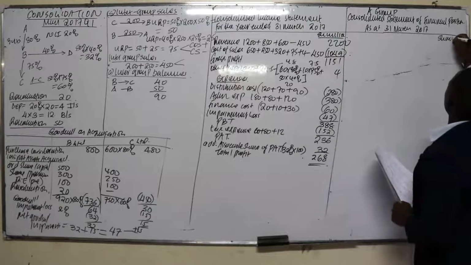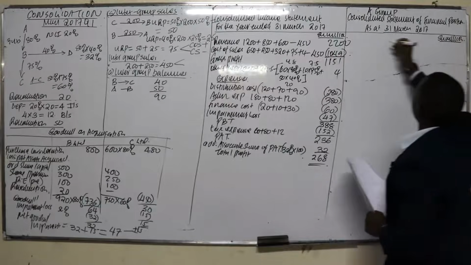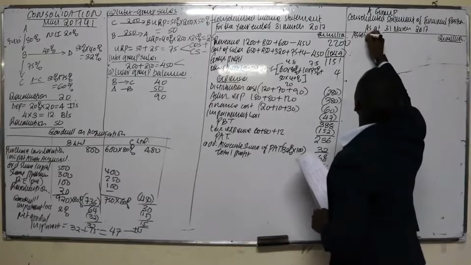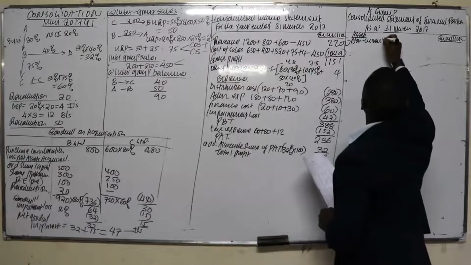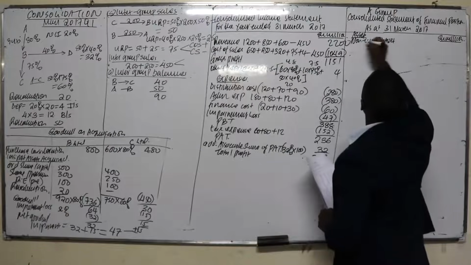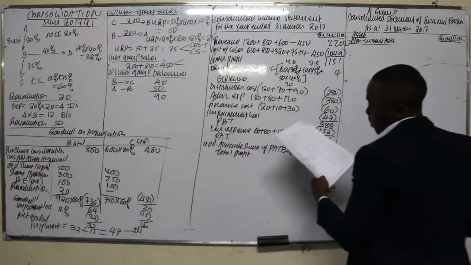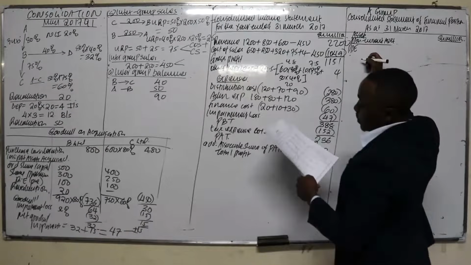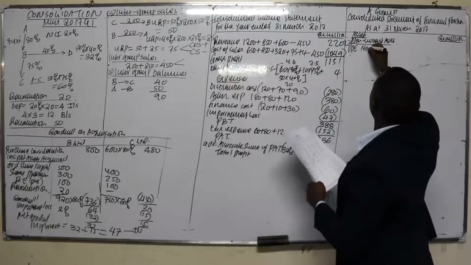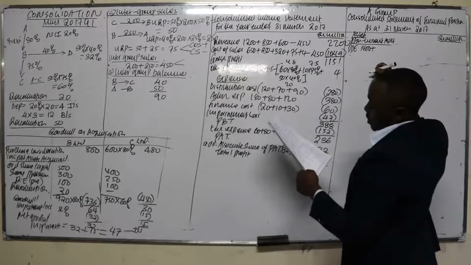So our shillings are in millions. So we start with the assets. Non-current assets. So to the non-current assets, we have PPE. PPE, we have 1,400. You add 800.